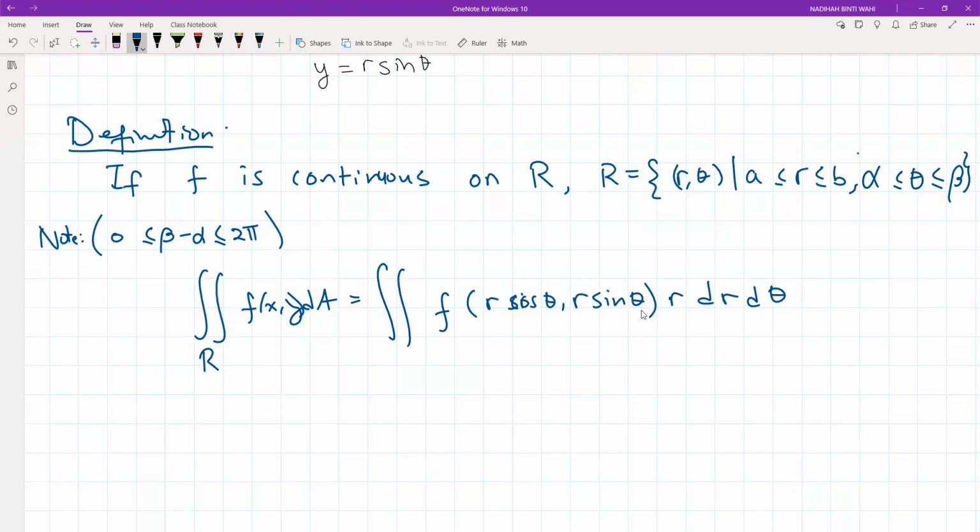Okay, so R is the inner integral, so R goes from A to B, and then the outer integral is from alpha to beta. And don't forget, selalunya student buat mistake dekat sini. Sebab apa? Lupa nak letak the R dr d theta.